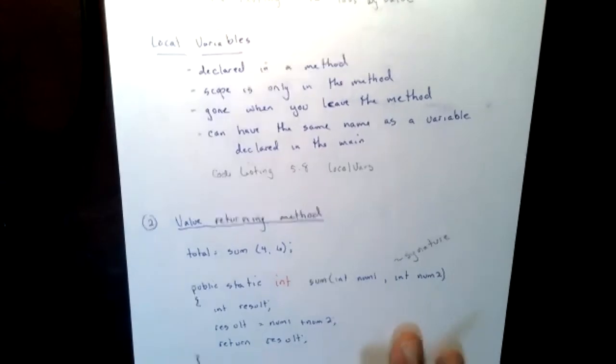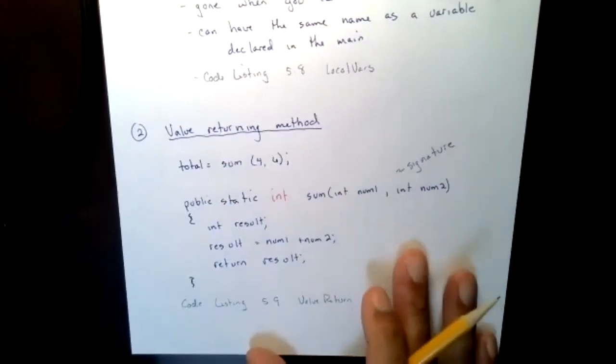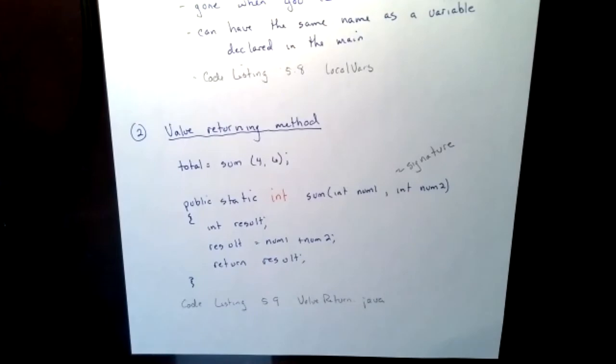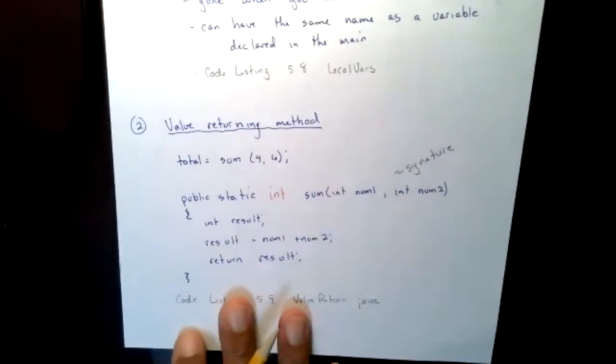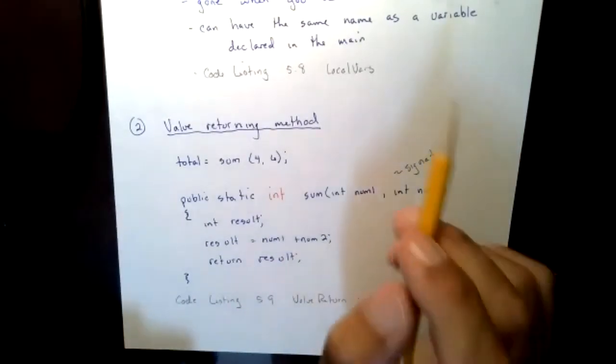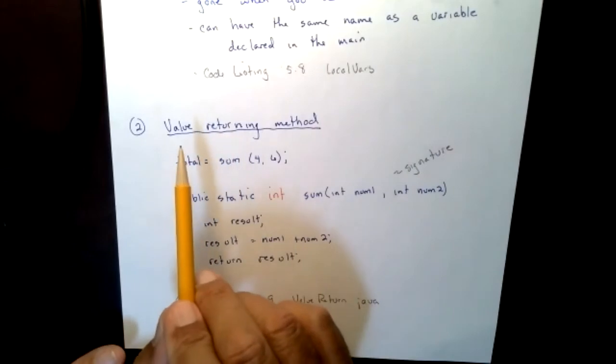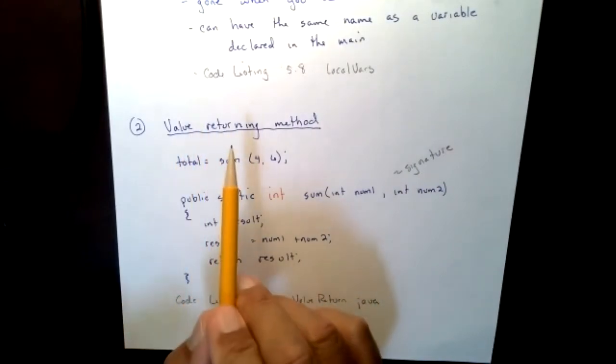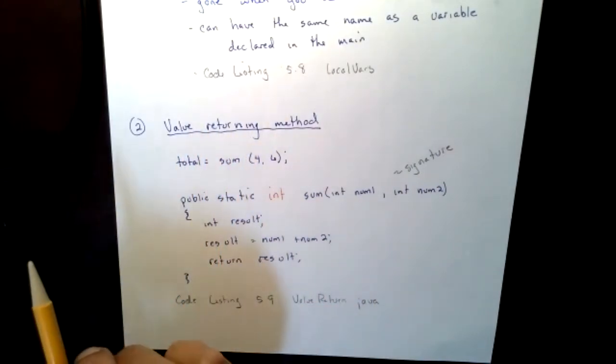Okay, so we took a look at void methods. We talked about the arguments and we talked about the parameter list. And now we need to jump to our second type of method, which is a value returning method. So now you're going to see a little different usage in the main. In the void method, we just said display, and then whatever our arguments were.